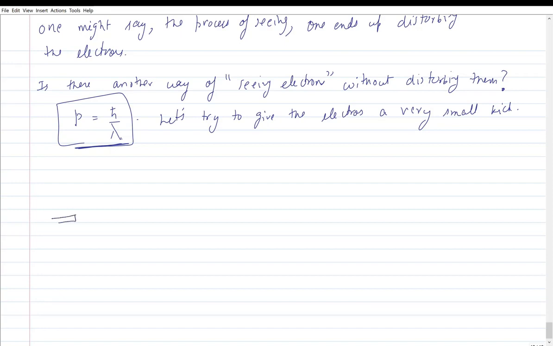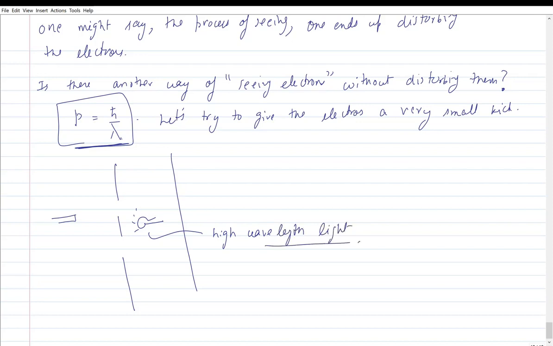So now I'm working with a high wavelength light, so that the momentum of each photon is really small. It goes inversely as 1 over lambda, and I'm going to give a very tiny bump to the electron. Let's say I can be working with radio waves or something like that, which have a huge wavelength, and this is my slit width over here.